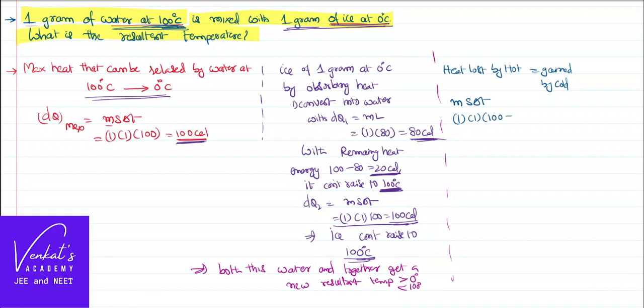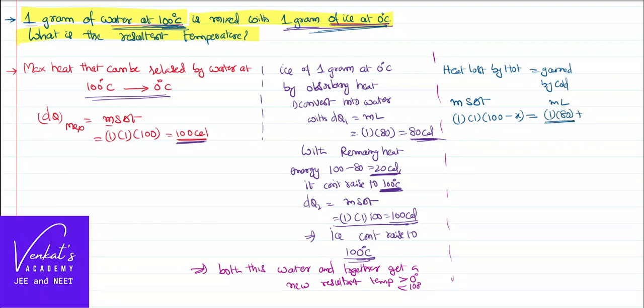Delta T is, it will fall from 100 to a new temperature x. That is taken over by ice at 0. First thing is that ice has to convert into water, that is mL. Mass is 1, latent heat is 80 calories per gram.